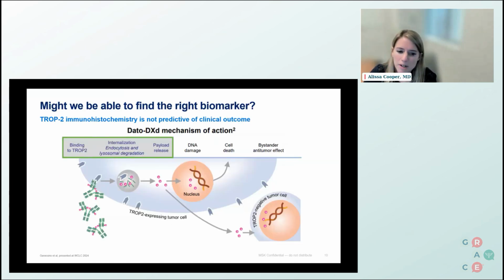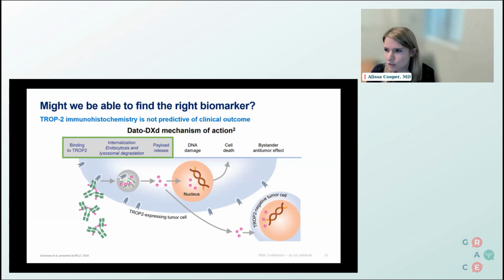But I think we're not quite ready to give up on these drugs because if we could find the right marker, find the right target, maybe we can understand in whom we should apply these novel therapies. And at World Lung this past year, which is a conference totally focused on lung cancer, there was a presentation where we saw that immunohistochemistry, which means basically TROP2 on the surface of the cell, did not predict who is going to respond to these drugs or not.